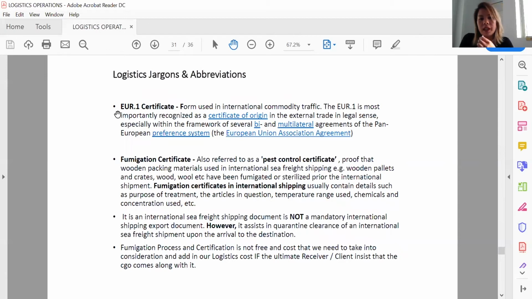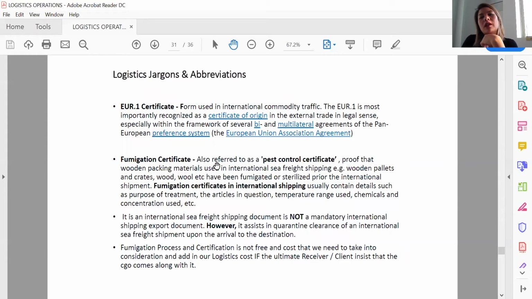Euro 1 certificate, this is a form used in international commodity traffic. The Euro 1 is most importantly recognized as a certificate of origin in the external trade in the legal sense. It's self-explanatory.